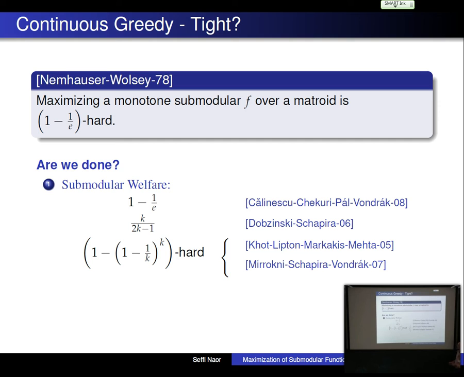When the number of players k does not go to infinity, then we can get a better bound as a function of k. It's true that this bound goes to 1 minus 1 over e, but for smaller values of k, it's better. Can we achieve this bound? And in particular, in the case of 2 players, we can get 2/3.